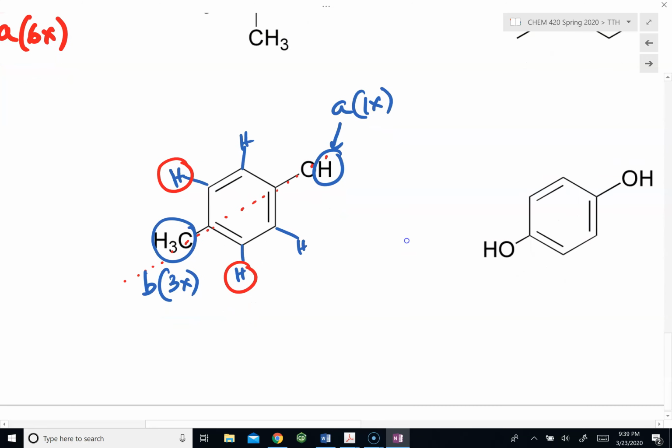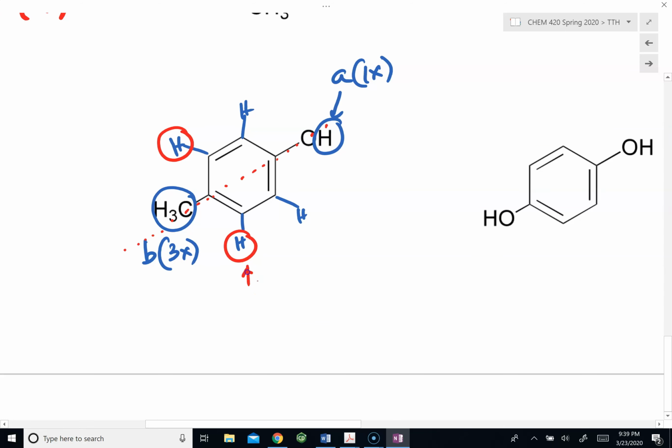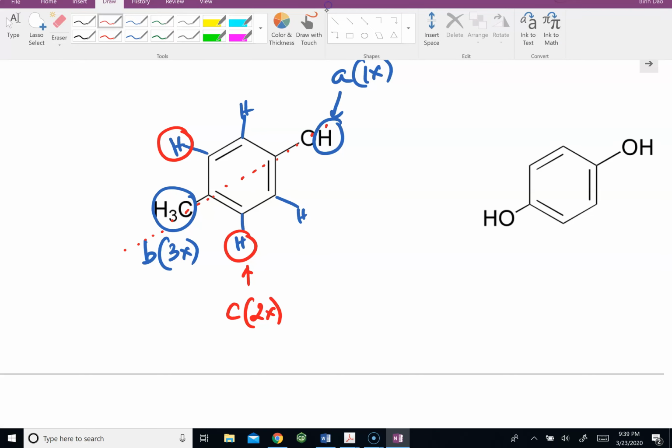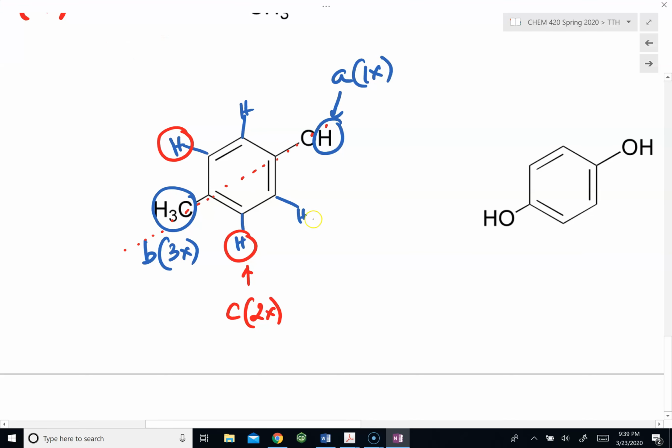So in this case, these 2 hydrogens will give us 1 signal. And now let's call that signal C, and that will be 2 times the intensity. And for the same logic, these 2 hydrogens right here will be the same as well. And they will give us 1 similar signal, and this will be the signal D with 2 times the intensity.